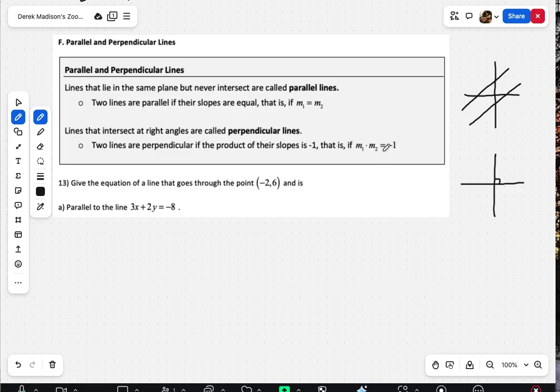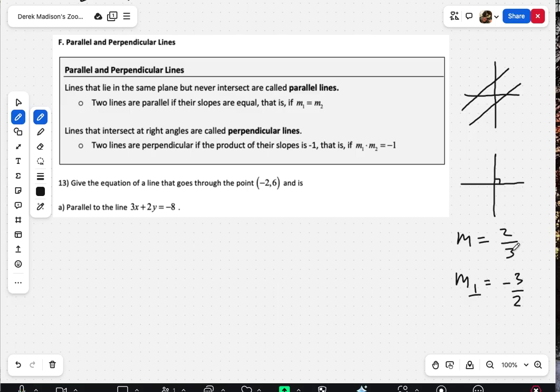It's a little hard to use it to find perpendicular slopes, so let me give you an easier way of looking at it. If, say, the slope of our original line is 2/3, the perpendicular slope, which is that little upside down T, would be the opposite sign. That's the product of their slopes with -1. So it has to be the opposite sign and then the reciprocal of the slope.